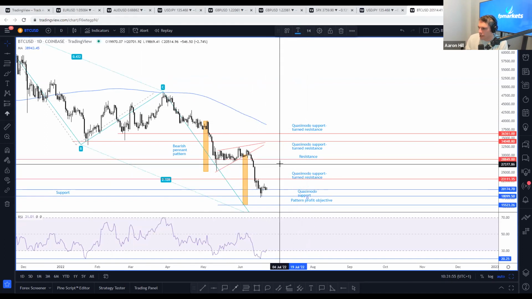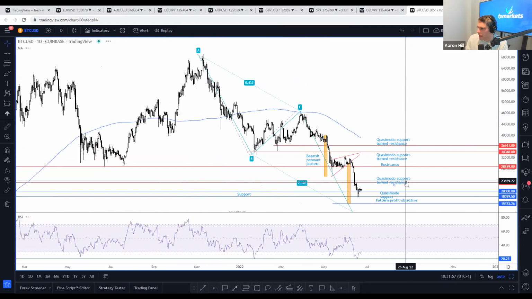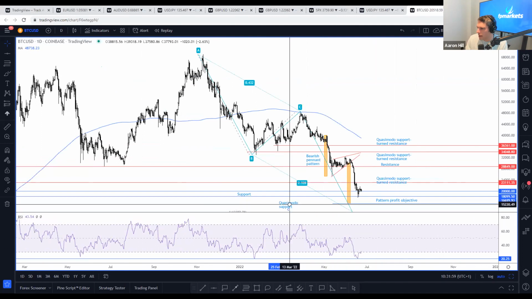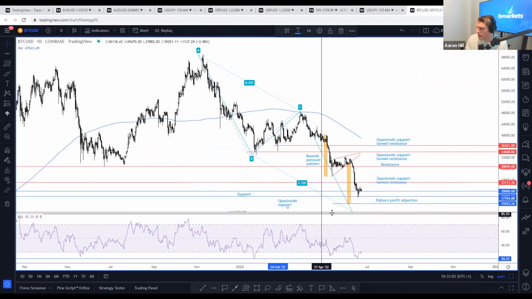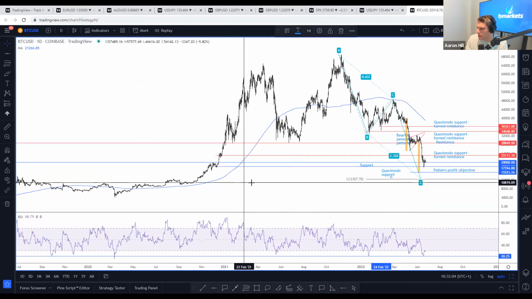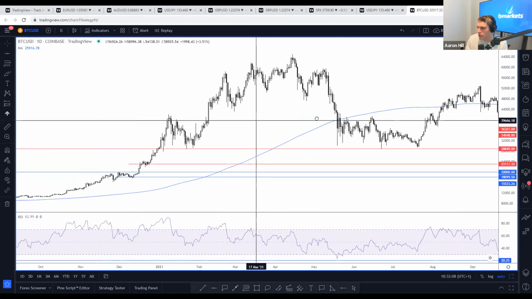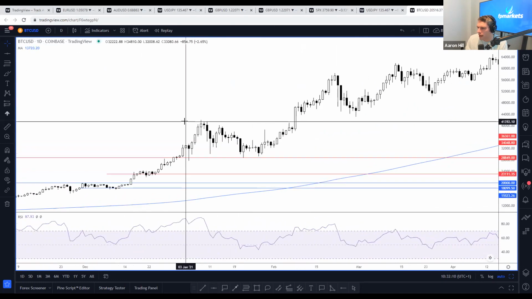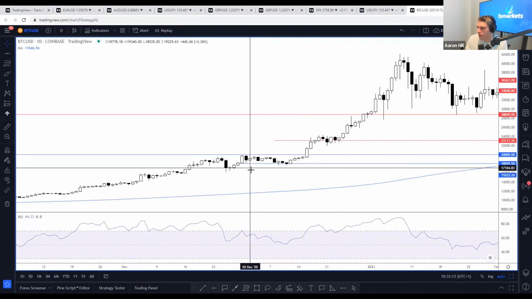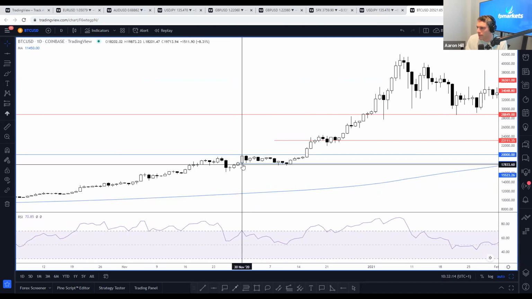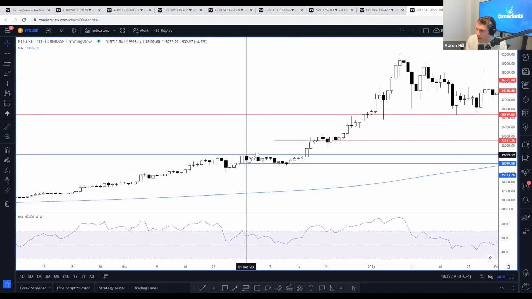So I'm going to kick things off with the Quasimodo pattern at this point. Let me just zoom out. Right here, I hope you can see this, guys. Just focus on this area here. There we go. This is a little bit complex to get started with, but we have a high at this point here.